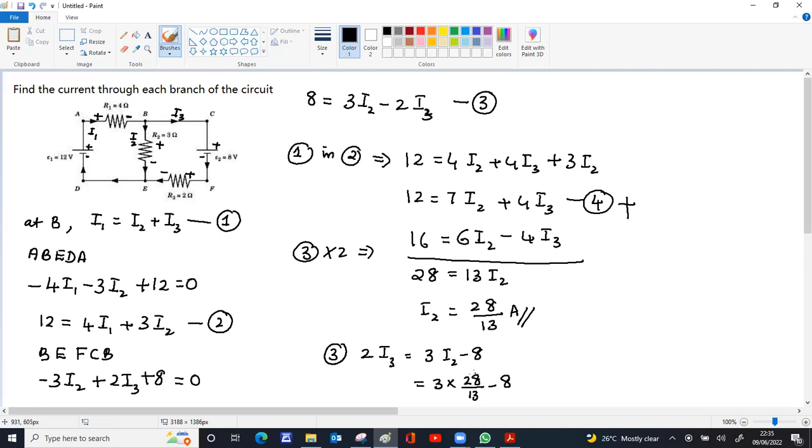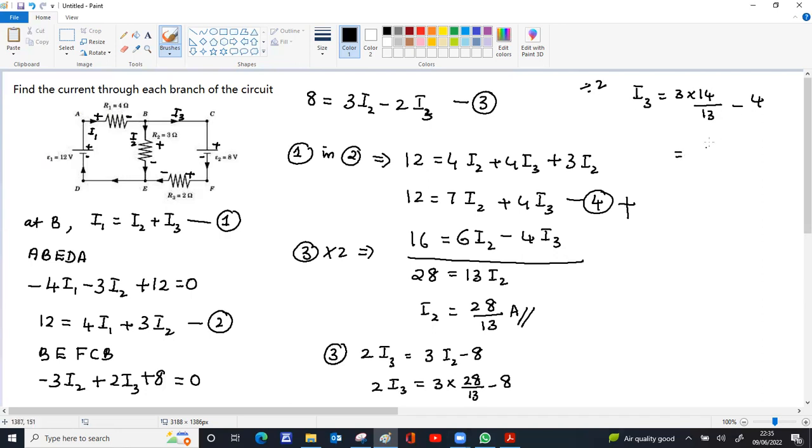That's for 2I3. So you can divide by 2 everywhere. I3 will be equal to 3 into 14 by 13 minus 4.